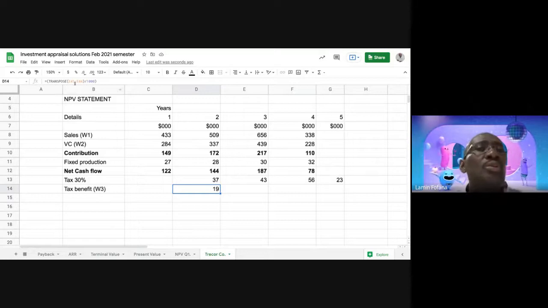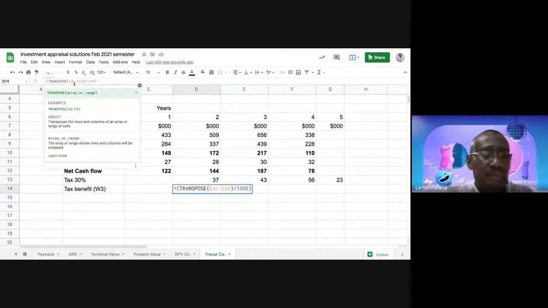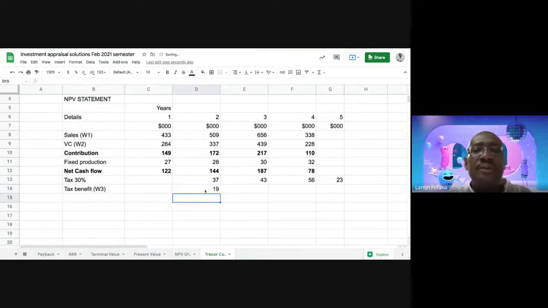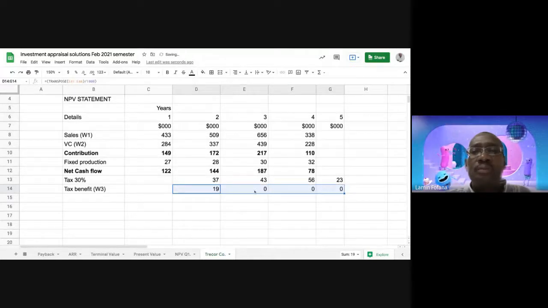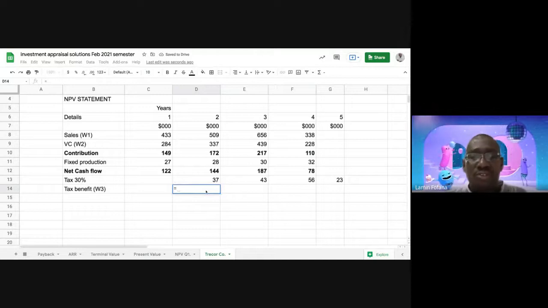Okay, so I'm going to make this fixed. Everything is fixed. I'm just trying to make it transpose, just to give you an automatic function. No, the transpose is not going to work here. So we can just get it from there one by one. I just want to show you an automatic way of doing it, but that function doesn't work here.